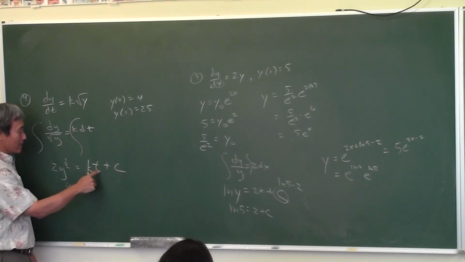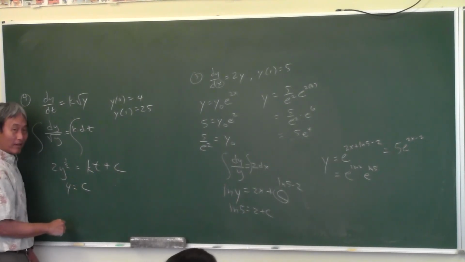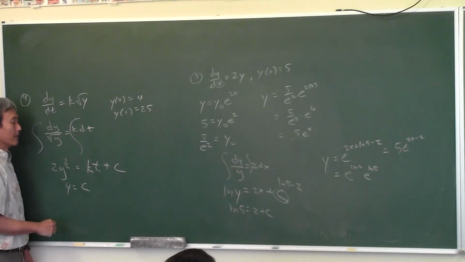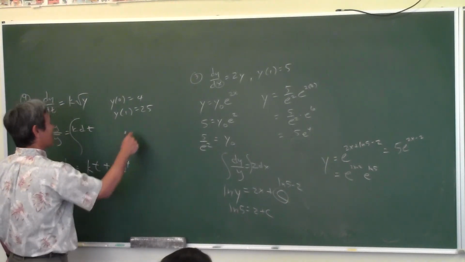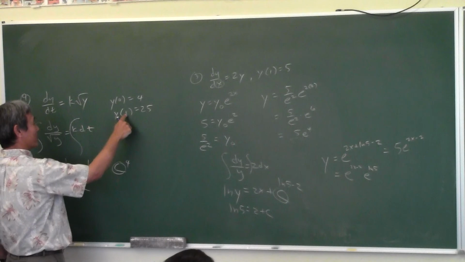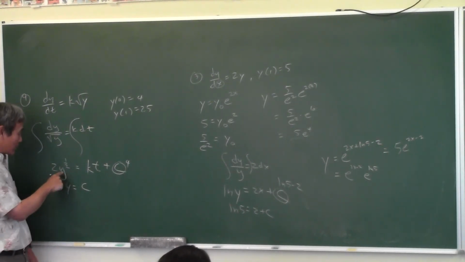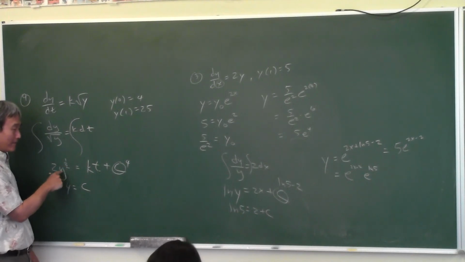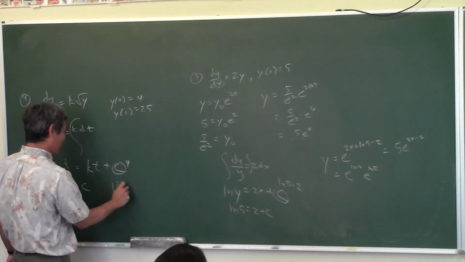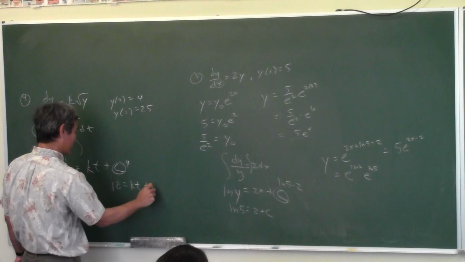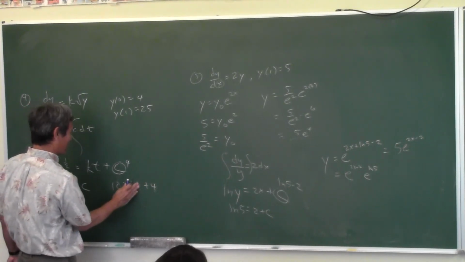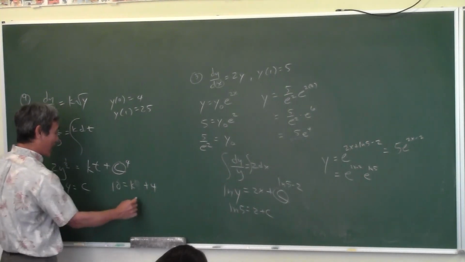And then we're plugging in 0 for t, so c is 4, right? Yep. Now let's plug in this one. If I plug in 1 for t, y is 25. You see how the numbers I picked are good? Because what's 25 to the half? 5. 5 times 2. So you're going to get 10 is equal to kt plus 4. Except what do we have to plug in for t? 1. So k equals 6.